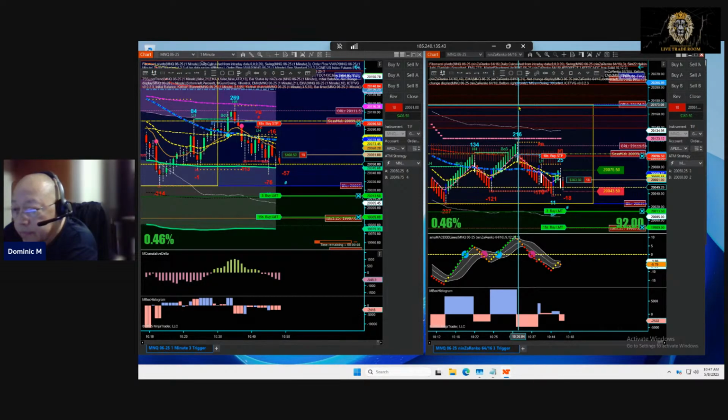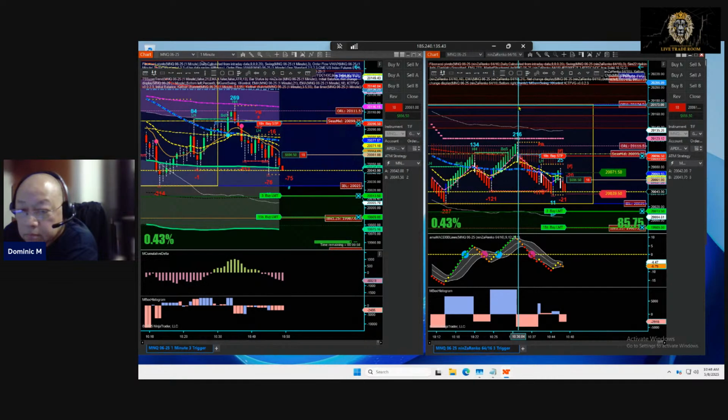Yeah, the last 10 seconds they should be going down. Here we go. Come on. I think this 1 minute chart is a good complement to the Ninja Renko on the 6416.